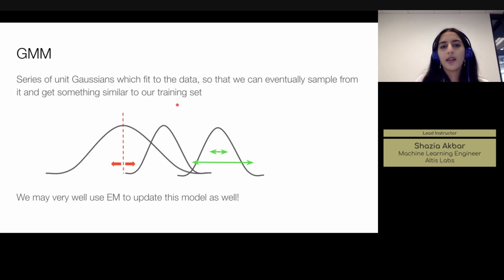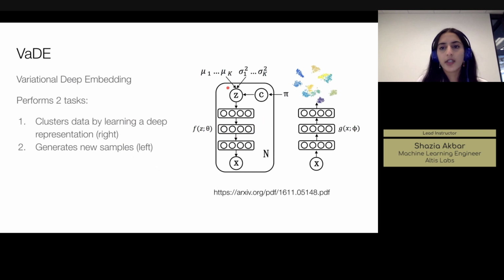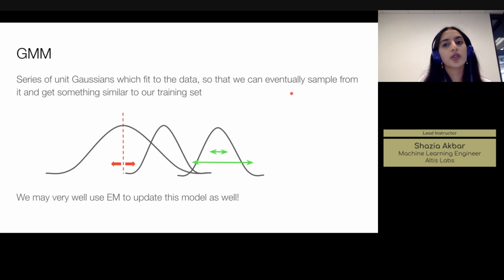So when we look at VaDE in greater detail, we have our clustering encodings here, our clusters, learned here. And these clusters are parameterized by this pi term here. When we're selecting or defining clusters, we're actually using a Gaussian mixture model. For those of you who are not familiar with Gaussian mixture models, our friend the unit Gaussian comes back into this learning algorithm.